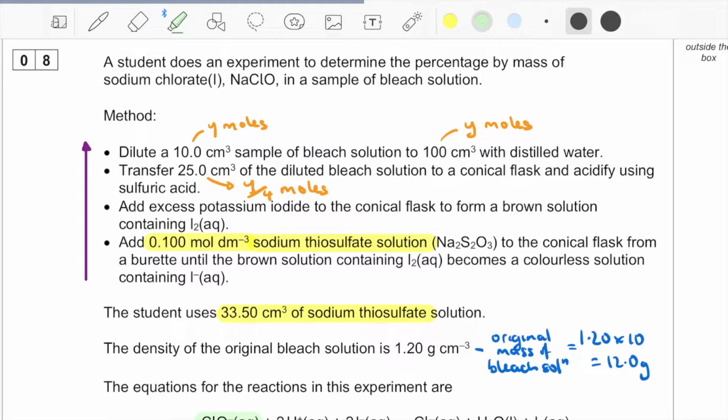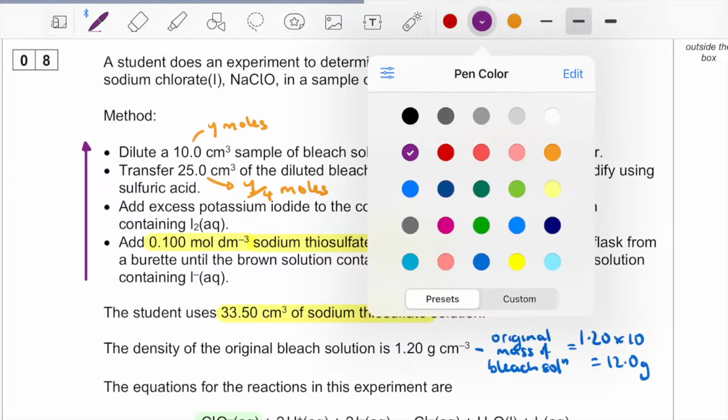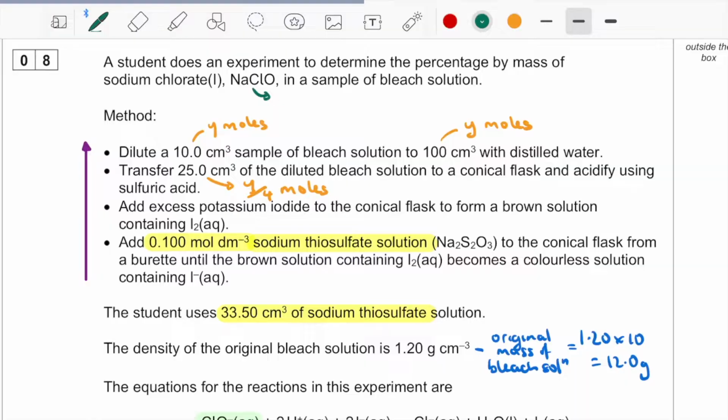Now you'll notice it doesn't say sodium chlorate in the equation. So what you have got to remember is that if we were to dissolve our sodium chlorate, I should really have that state symbol there, solid, then we would get sodium ions, aqueous, and we would get chlorate ions, aqueous.